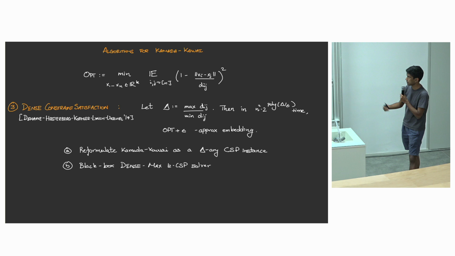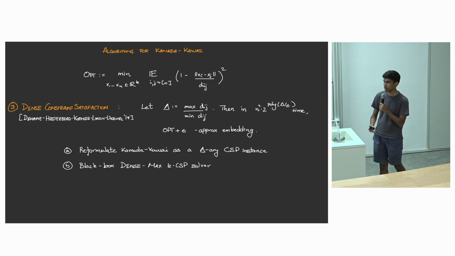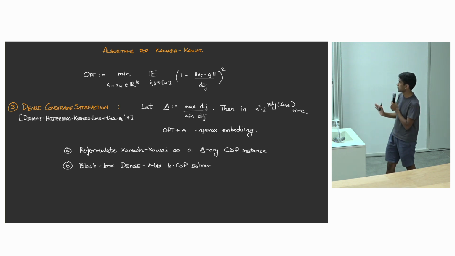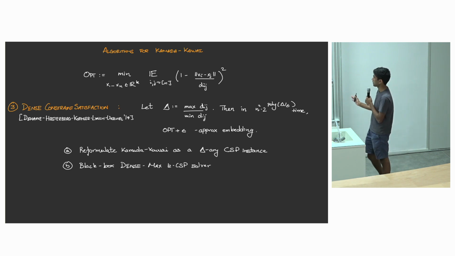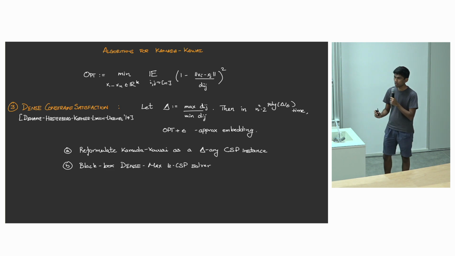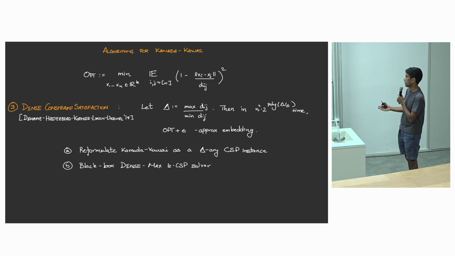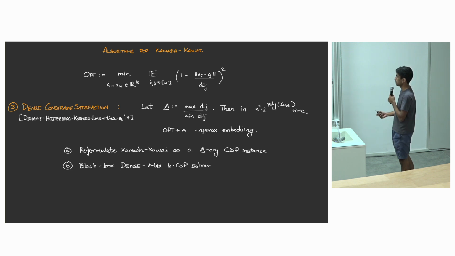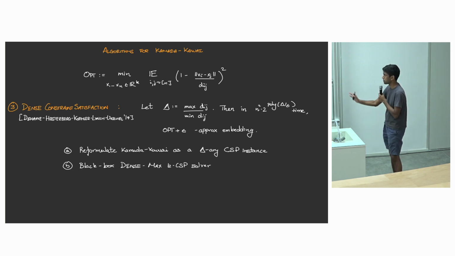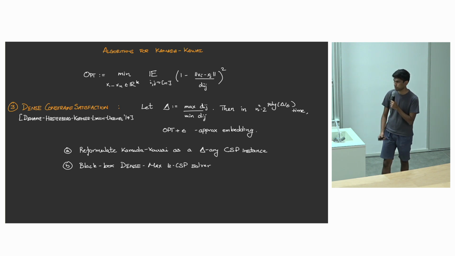As I said, what this algorithm does is reformulate the Kamada-Kawai optimization problem to a CSP instance where you lose an epsilon. And once you get the CSP, you just approximate the optimum of the CSP using some black box dense CSP solver.